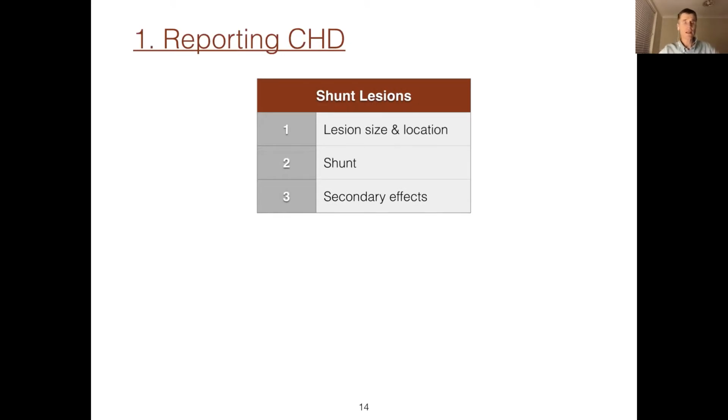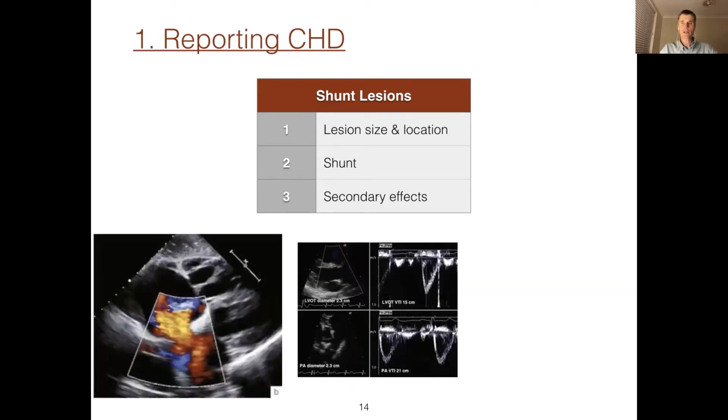Shunt lesions. Kenny spoke about ASDs and VSDs, and so I won't go through all of them, but just indicate some of the things that you want to mention about simple shunt lesions. Obviously, you want to talk about the lesion itself and location, the shunt, and secondary effects. So in this example, we've got an ASD, you want to talk about the location and describe the shunt.